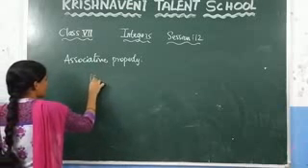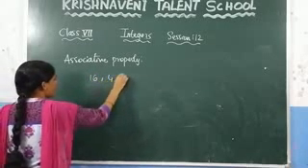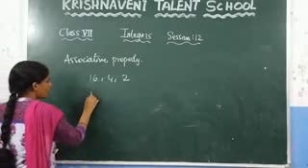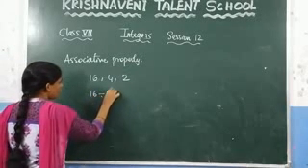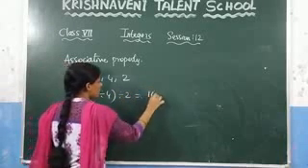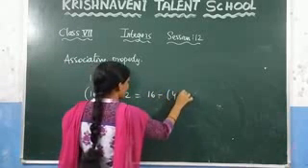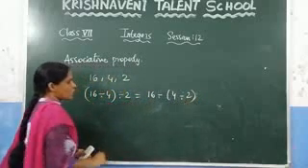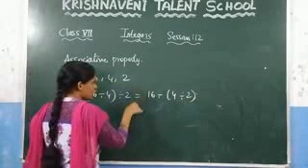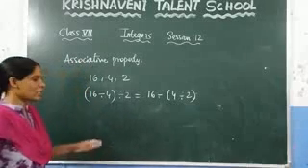Let us consider those integers as 16, 4 and 2. Now what it states here: 16 divided by 4 divided by 2 must be equal to 16 divided by the quantity 4 divided by 2. Is this condition false or not, we have to check. We know that this is not equal, but let's first check it here.